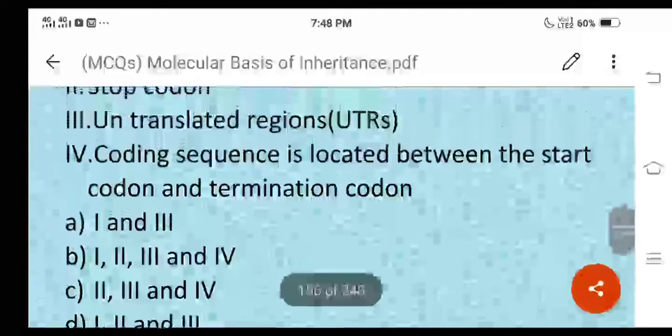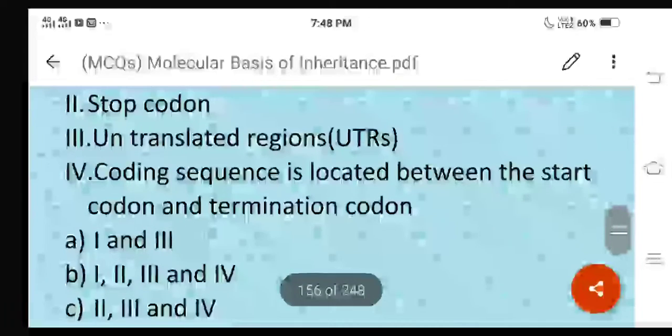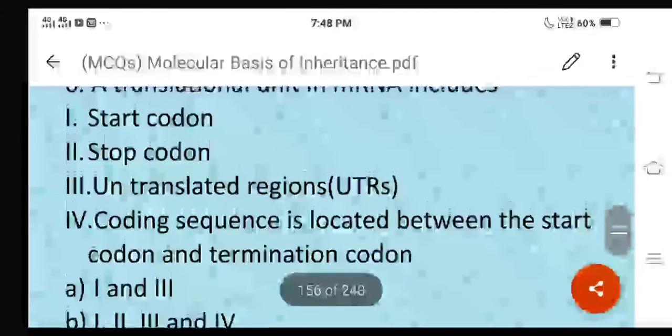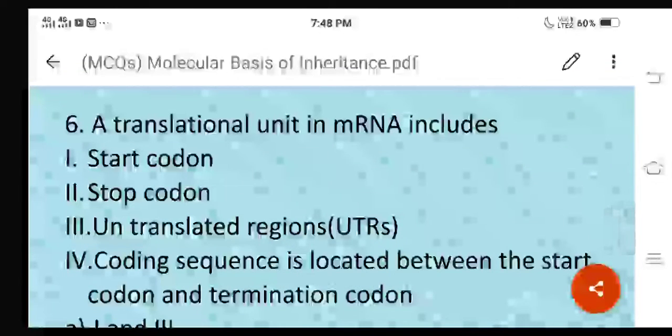Here, according to the question, option B will become correct: 1, 2, 3 and 4. It means what here? A translational unit in mRNA includes the start codon, and it also includes the stop codon or terminator codons.